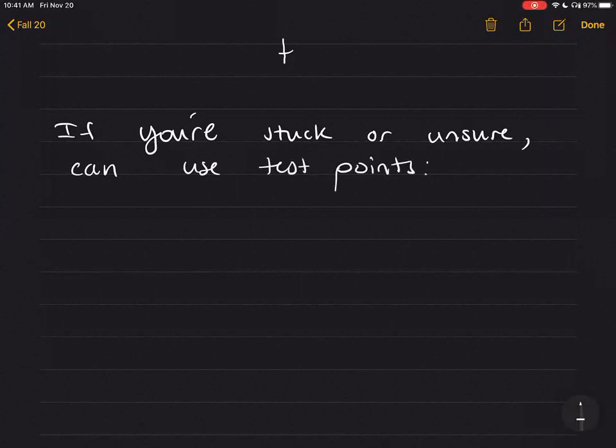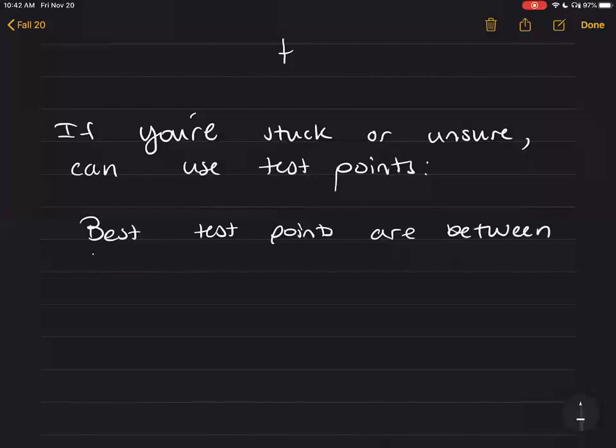What test points are is just points that you pick to plug into the function to make sure that your graph kind of matches up. So the best test points are between the zeros and to either side of them.